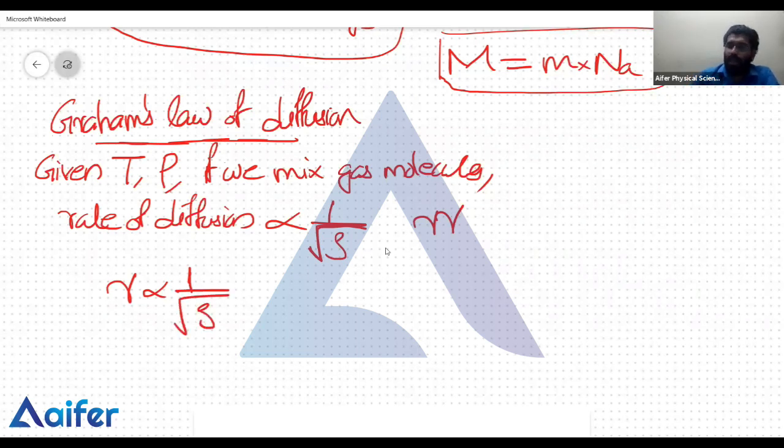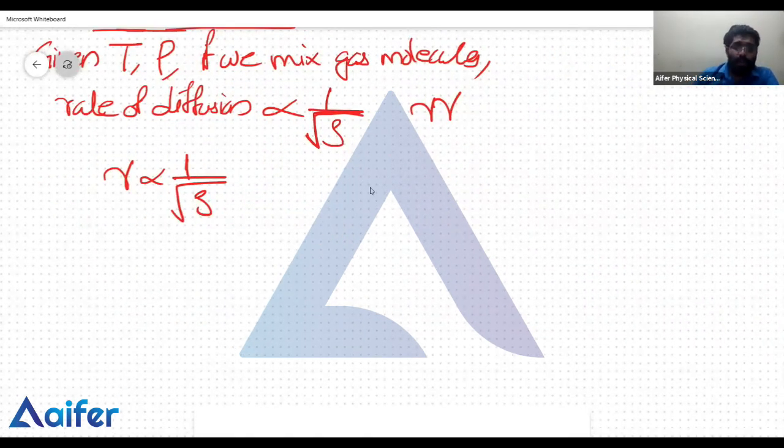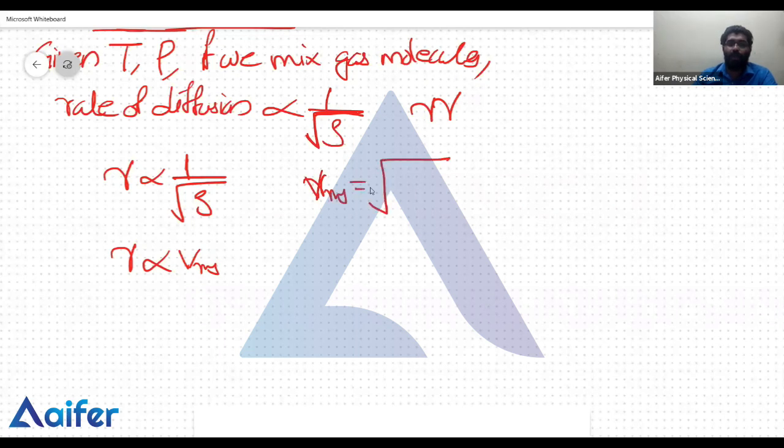And the law has a different form: the rate of diffusion is also proportional to this RMS speed, Vrms. Okay, that is also true. What is Vrms? Vrms is equal to root of 3P by rho. So from that you can get the relation R proportional to Vrms, but it is proportional to 1 by root rho.